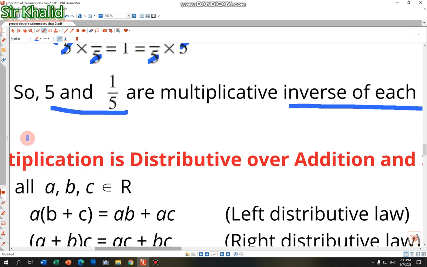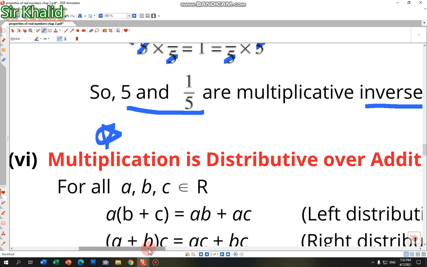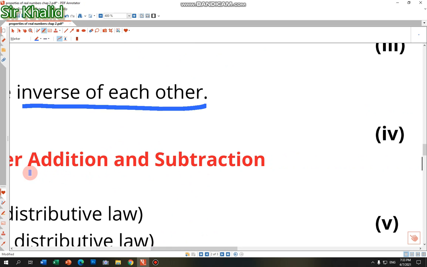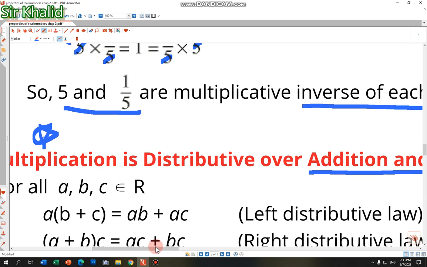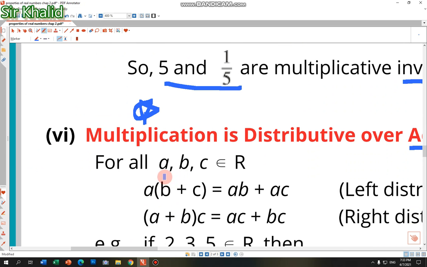Another very important property is that multiplication is distributive over addition and subtraction, for all a, b, c belonging to the real numbers. These are three real numbers.